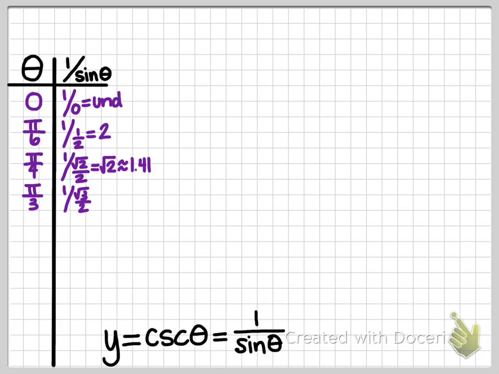Okay, pi over 3 is 1 over the square root of 3 over 2, which is equal to 2 square root of 3 over 3, but that is approximately 1.15.